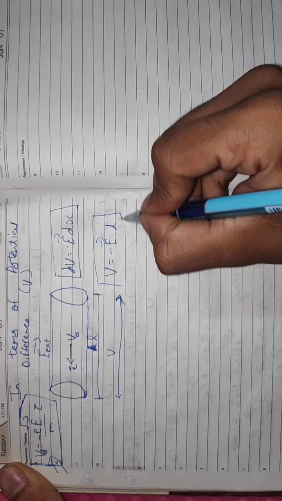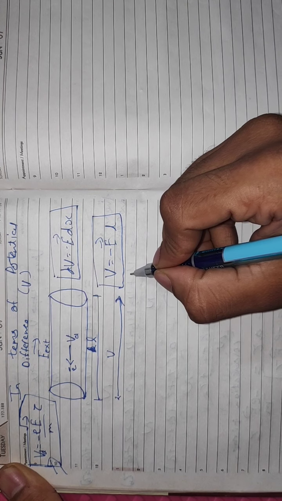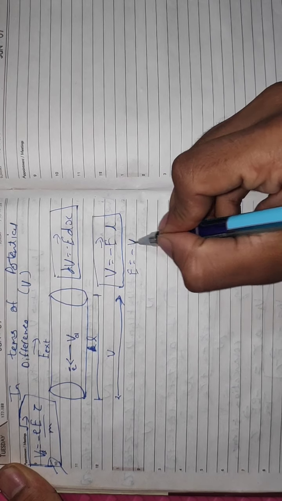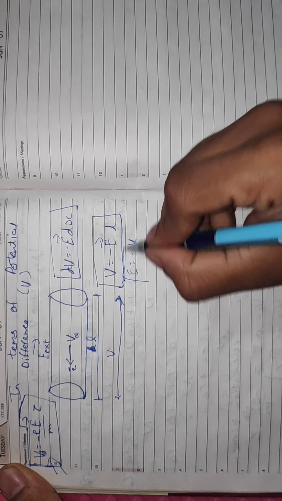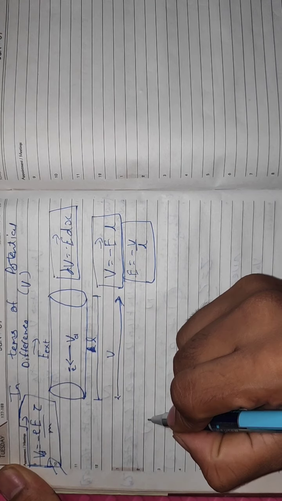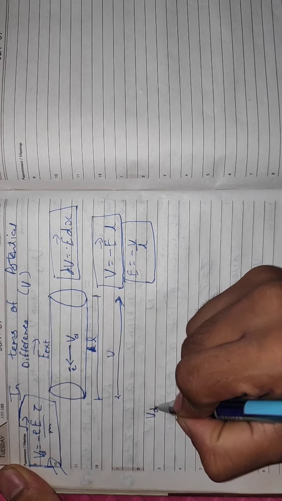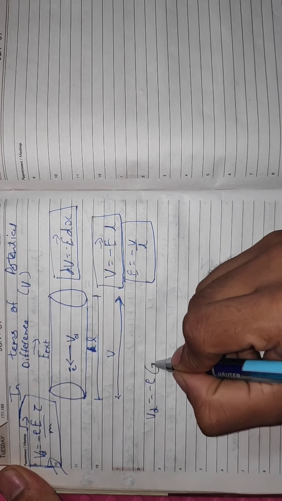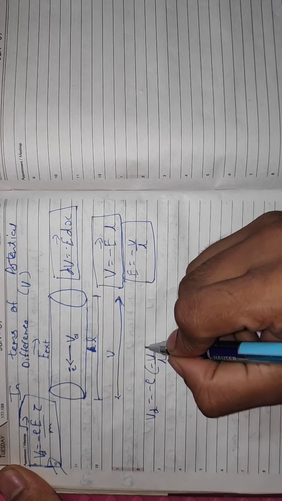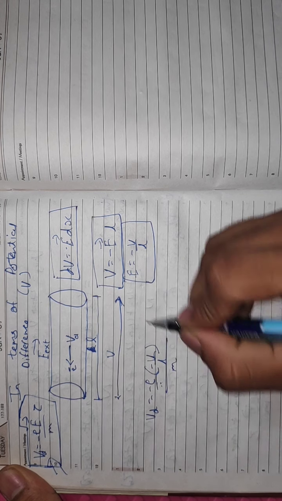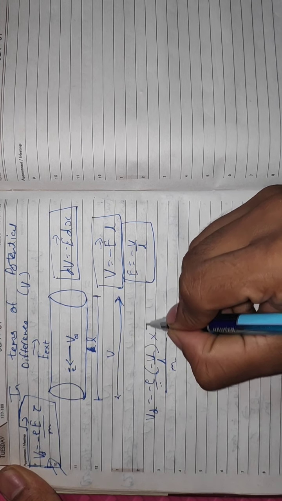So can I write it in this form? From this, can I write E equals minus V by L? I need to put this term in this formula. So Vd equals minus e times minus V by L upon m, into tau.